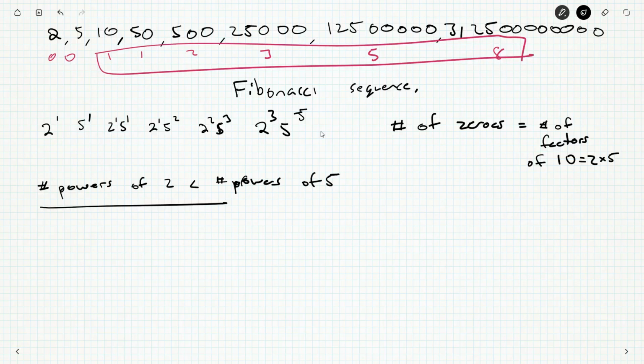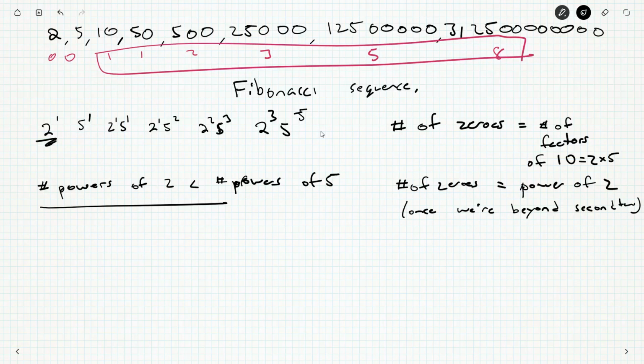So it's the powers of 2 that are going to limit us. So number of zeros equals the power of 2, or the exponent of 2 here, once we're beyond the second term. Obviously this fails for the first bit. 2 has no zeros. Okay.